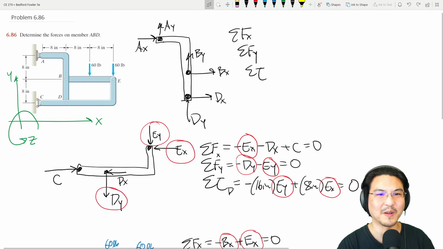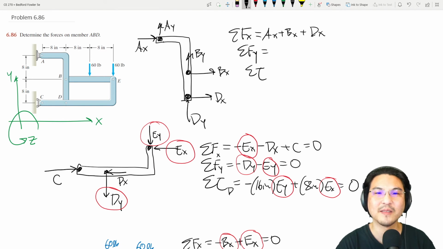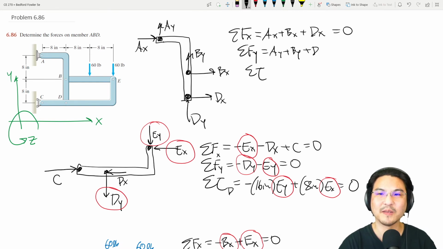Let's go on to our final part over here, and then let's write, okay, x direction: AX plus BX plus DX. Is that everything? Yep. Okay, y direction: AY plus BY plus DY equals 0.